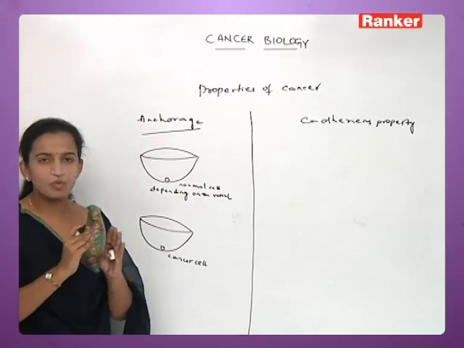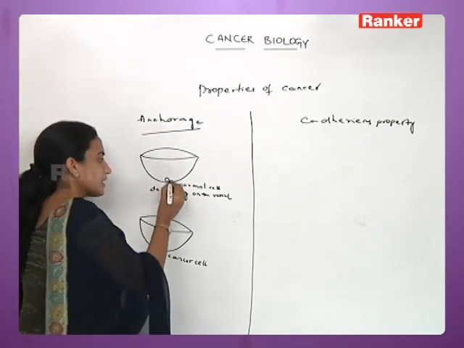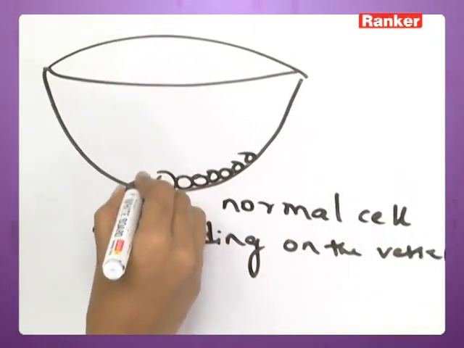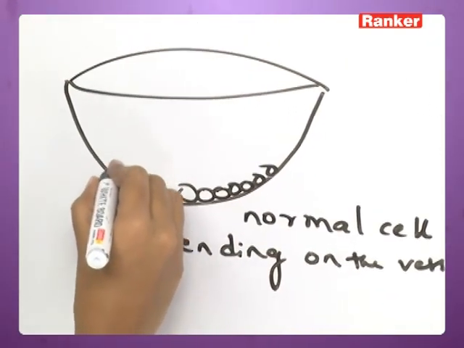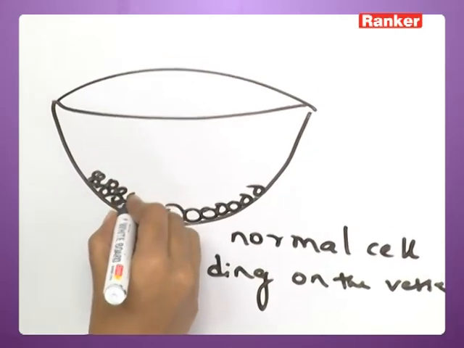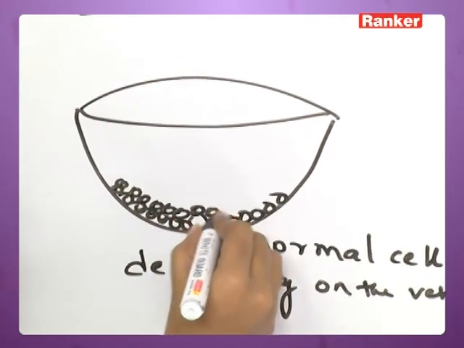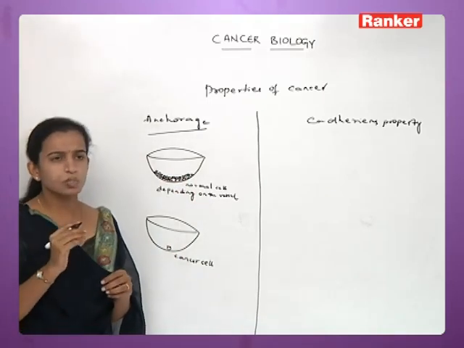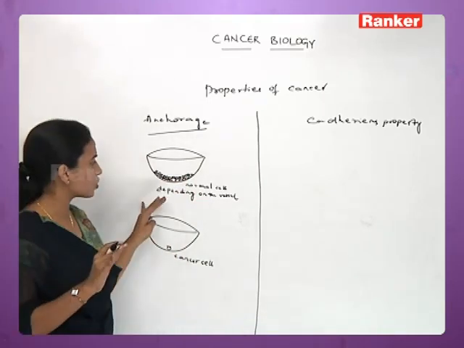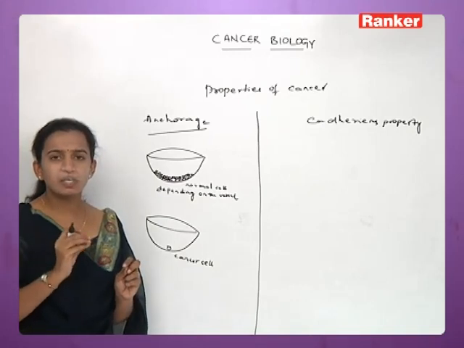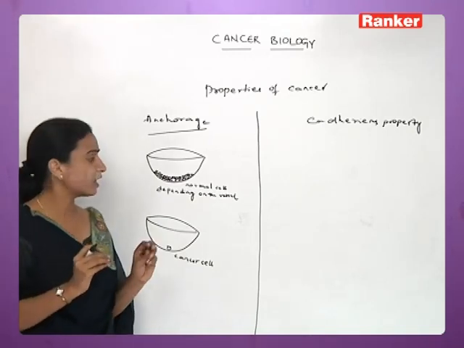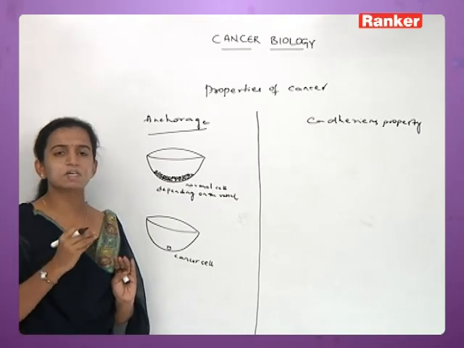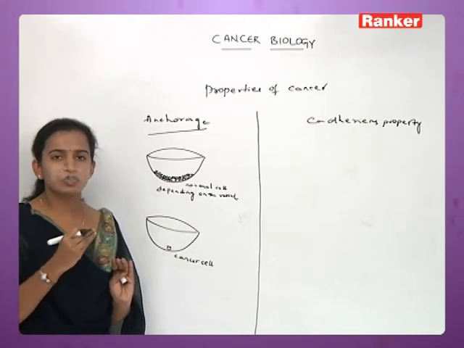It's not moving away from the vessel, it is actually growing or dividing, holding to the vessel. There is no space present between each cell, so there is no tremendous growth in the normal cell. They divide in a uniform manner.